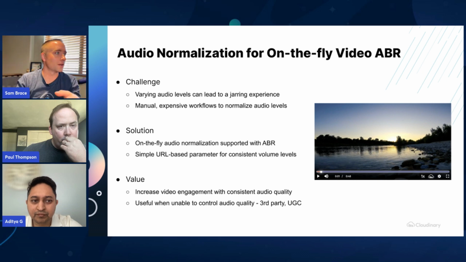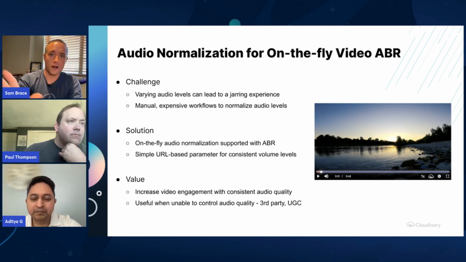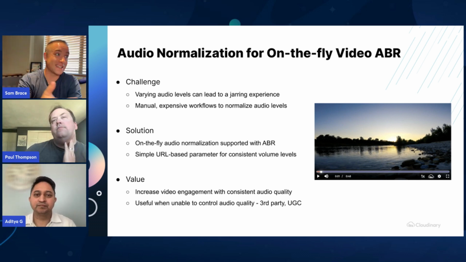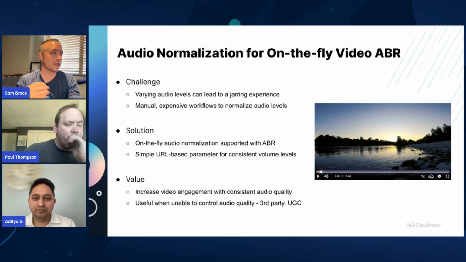This is just another one where you simply can set it and forget it, where you just allow the system to do its job for you without having to go through all these processes. So you can simply apply e_volume:auto to normalize the audio and make sure it happens for all videos, and it just does it for you. That way you can know it's always happening with every single thing that you're uploading to your Cloudinary system. Does that sound like the right way to look at it?